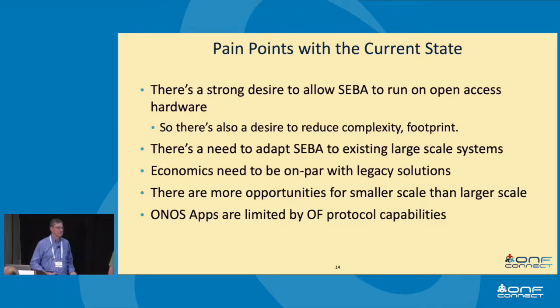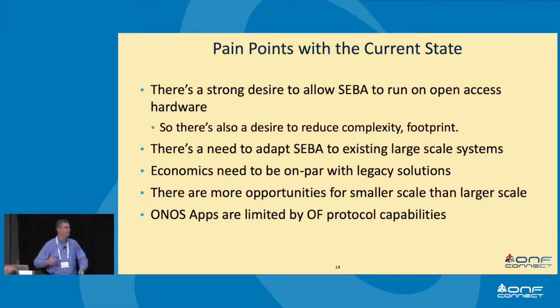For example, if we have an office and there's only a need for one OLT or some plugs to serve that environment, stacking up a bunch of servers right next to those couple of plugs doesn't look really good from an economics perspective. How do you use the same SEBA, leverage the open source, but shrink it down to mini-me size? So that's one of our pain points right now.